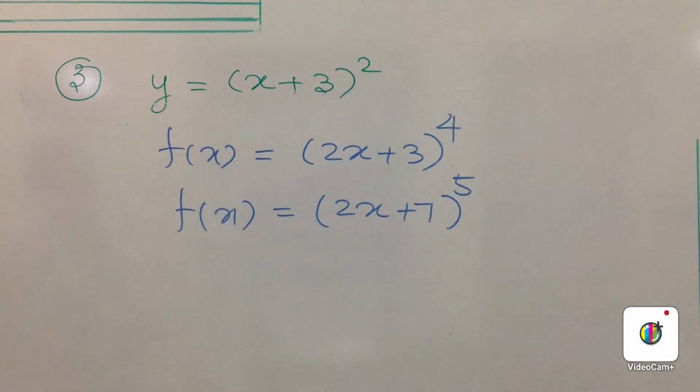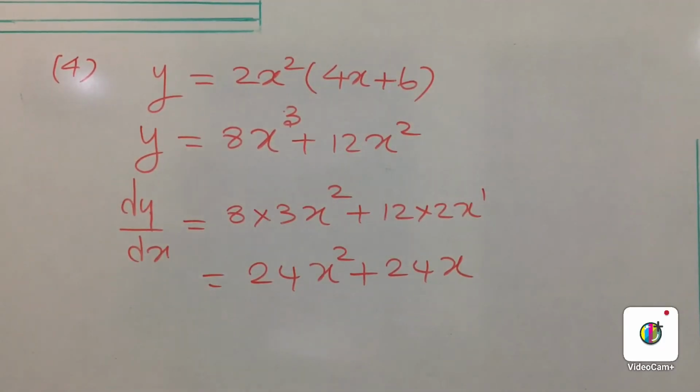In the next chapter we will study the chain rule. According to the chain rule, we can so easily solve this type of problem, and we can differentiate very quickly with the chain rule.